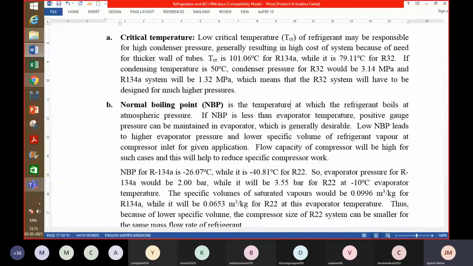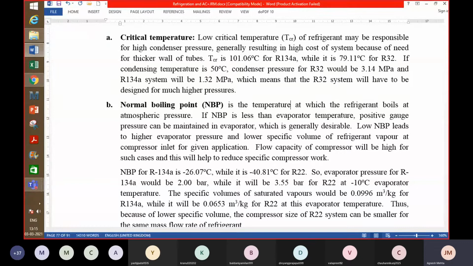NBP for R134A is minus 26.07 degrees Celsius, while it is minus 40.81 for R22. Let's say your evaporator temperature is minus 10 degrees Celsius. In case of R134A, the pressure would be 2 bar, and for R22, because its NBP is low, the pressure would be 3.55 bar. So R22 will work at higher evaporator pressure for the same evaporator temperature.